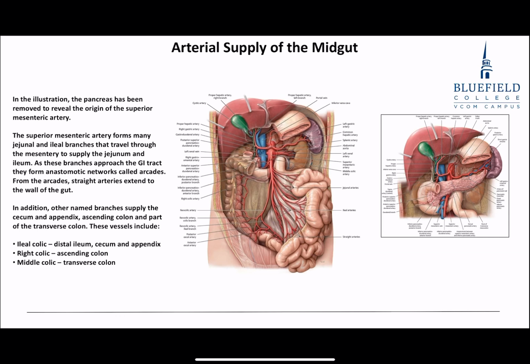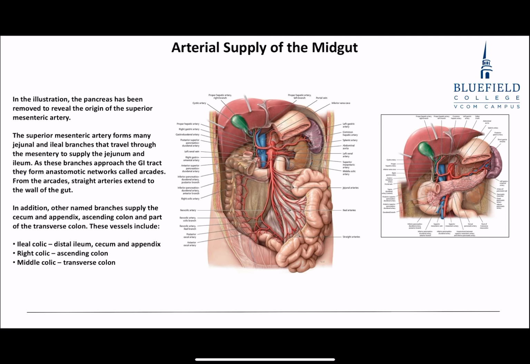So we're looking into that space between the 2 layers of mesentery. And what we see are the branches of the superior mesenteric artery. The branches up here we would refer to as jejunal branches. And then as we get down in this region, we would talk about the ileal branches.